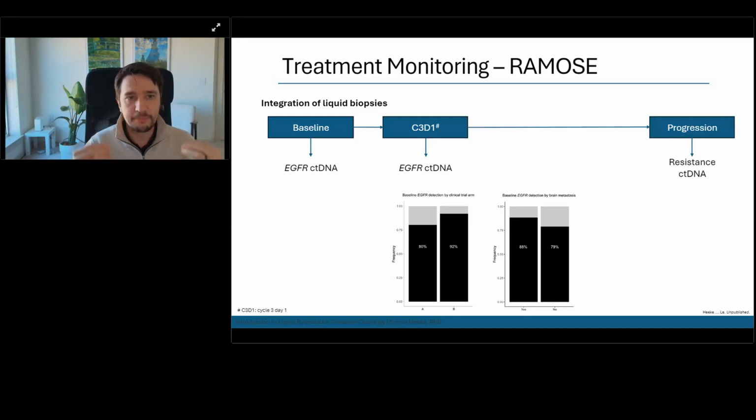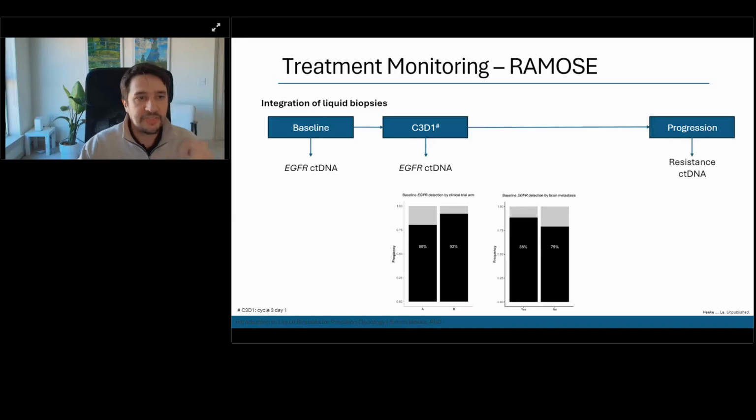But even in patients who have brain metastasis, which is often associated with a much more challenging detection of EGFR mutations with liquid biopsy, we actually had an excellent and comparable detection of the primary EGFR mutation in liquid biopsies, highlighting that this is really a methodology that we can use to track those very specific mutations that are associated with the therapy.